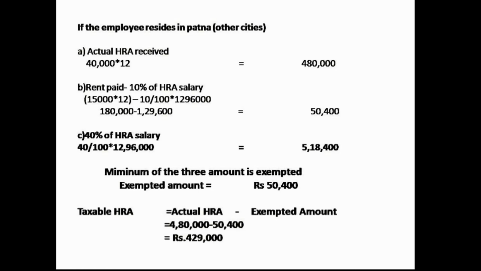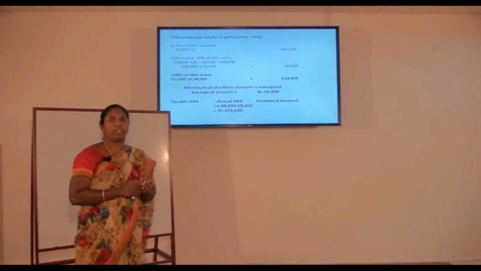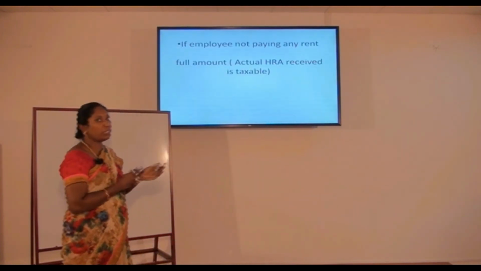So 40% of HRA salary comes as 5,18,400. Again the minimum of the above 3 amounts is the same, 50,400. So the taxable amount is actual HRA minus the exempted amount, that is 4,80,000 minus 50,400, equal to rupees 4,29,000.